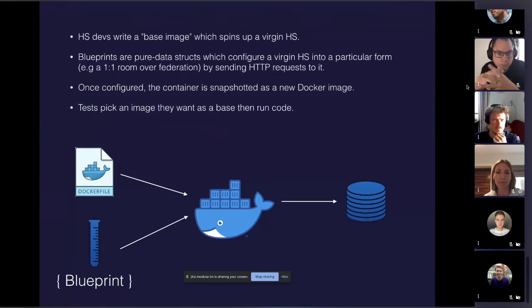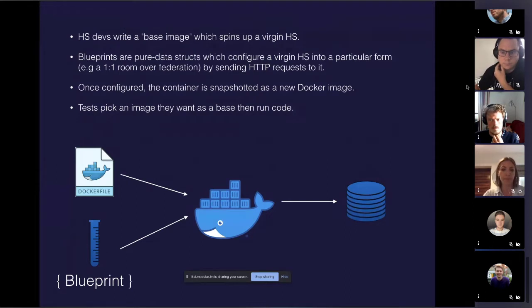It's a lot easier if you can just say, give me an image which is ready and has all this set up. That's the idea behind blueprints. Blueprints are just pure data structures, and they allow you to configure your home server into a particular state that you want, and then tests can just pick the state they want to use.